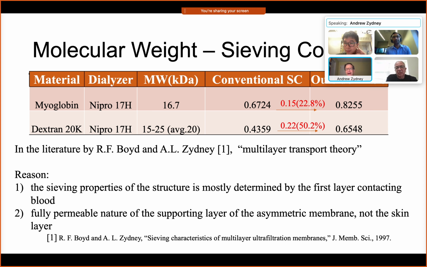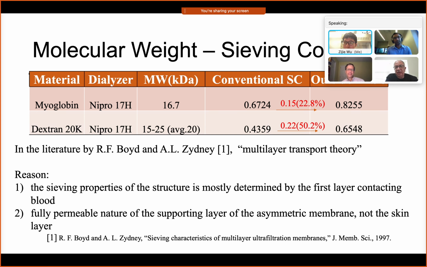We measure the sieving coefficient based on a measurement of the inlet on the feed side and the concentration that comes out on the other side of the membrane. But if you polarize, what the membrane, the selective layer, is seeing is actually a slightly higher concentration. And so unless you account for that, it looks like the sieving coefficient depends upon the direction of the flow.